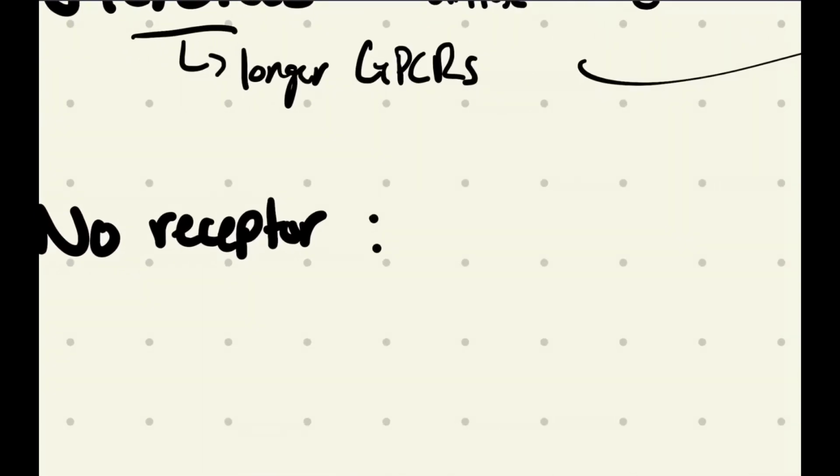Now for your NO receptors, there's going to be two things here. It's going to be your NO, nitric oxide, and you're also going to have this thing called atrial natriuretic factors.